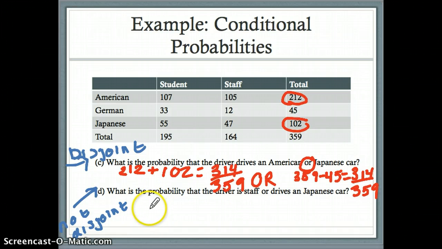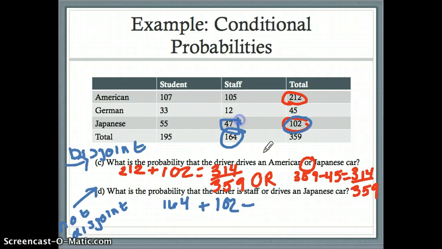So we have the 164 staff plus the 102 Japanese cars, minus the 47 staff that drive a Japanese car, because that's your overlap right there.